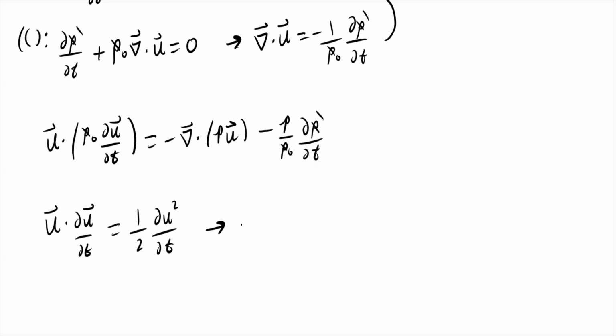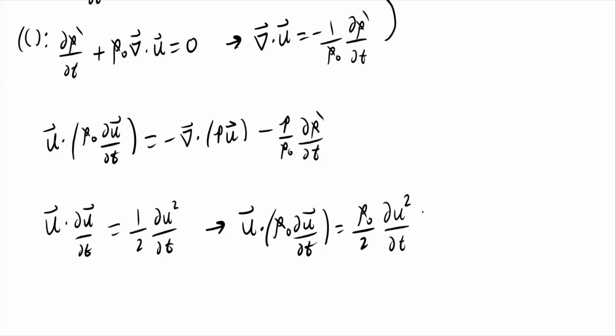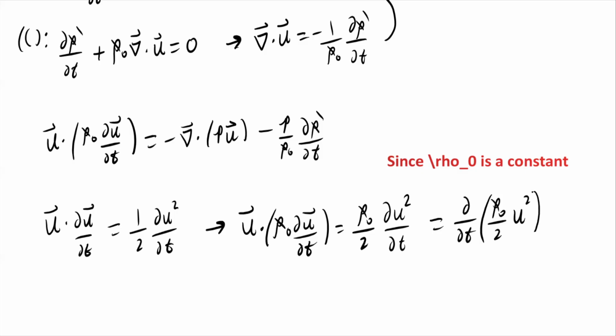Thus, we have that u times rho naught du dt can be written as rho naught over 2 times d u squared dt, or this could be written as d dt of rho naught over 2 times u squared. So that helps us with the first term.